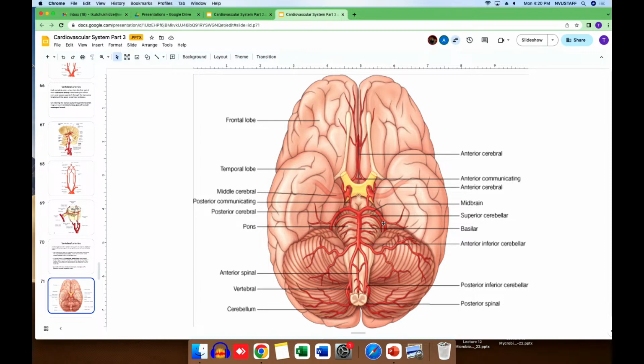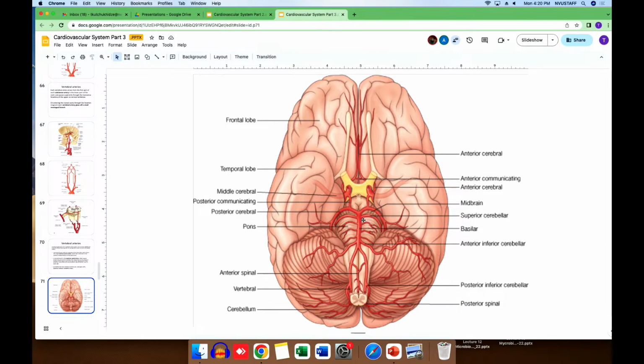So these arteries fully supply the pons area of the brain. And as you see, our basilar artery ends at the bifurcation, giving us the posterior cerebral arteries, right? So here, we supply the whole pons, right?